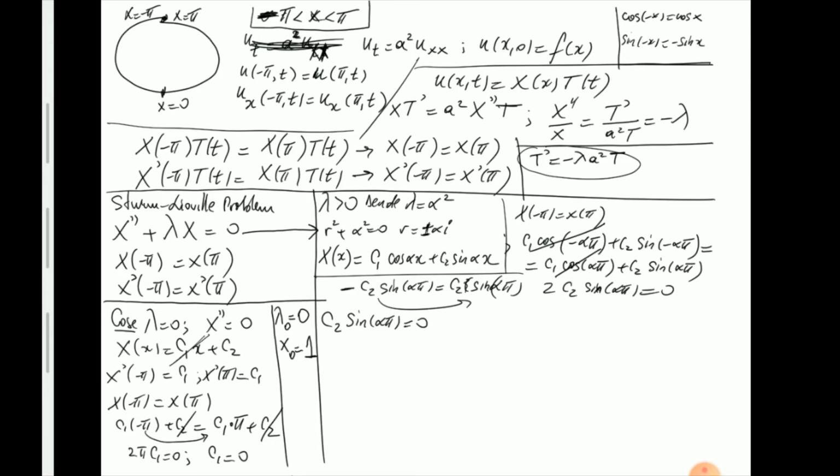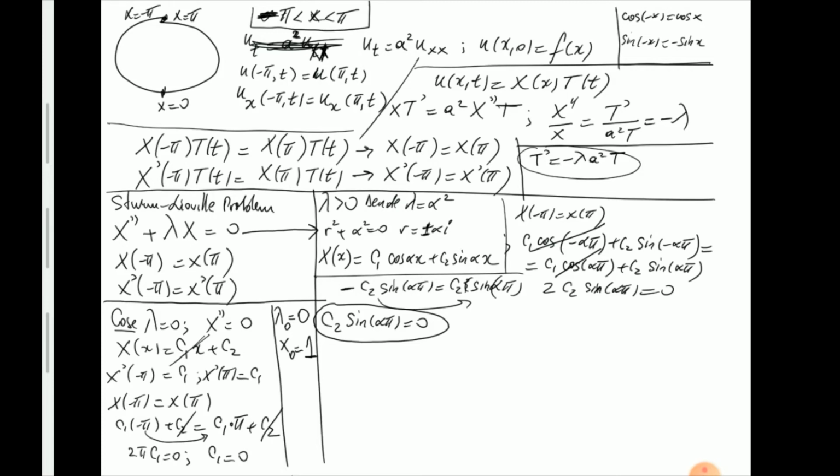You might be tempted to conclude c2 is equal to 0, but let's not rush, because remember, alpha must be determined as well. So let's keep this for a moment until we deal with the second boundary condition, because it's not clear whether you must have c2 equal to 0 or you must have sine of alpha pi equals 0.